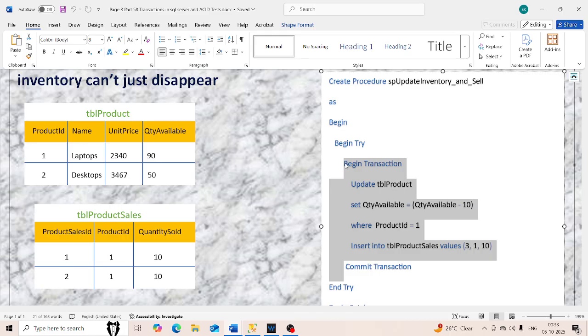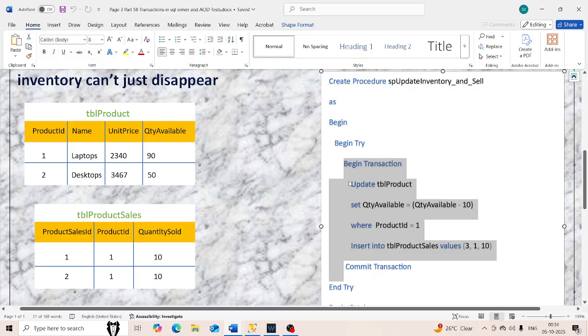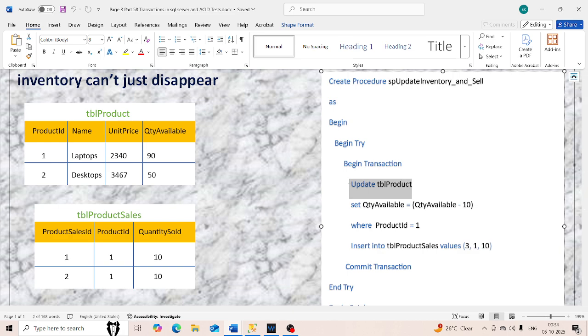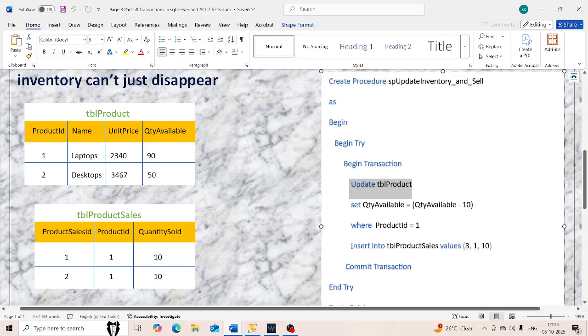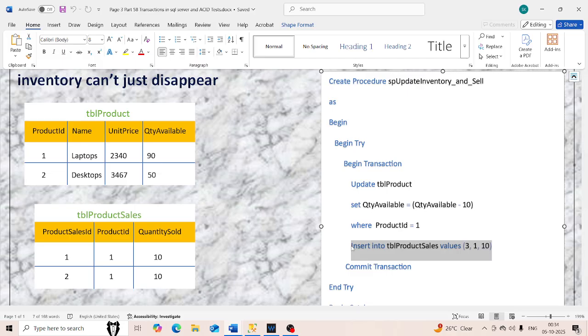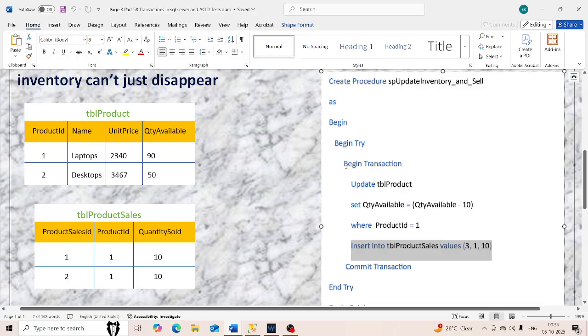Here, the first statement updates the tblProduct table, and the next statement inserts a row into the tblProductSales table. And these two statements are wrapped inside a transaction.